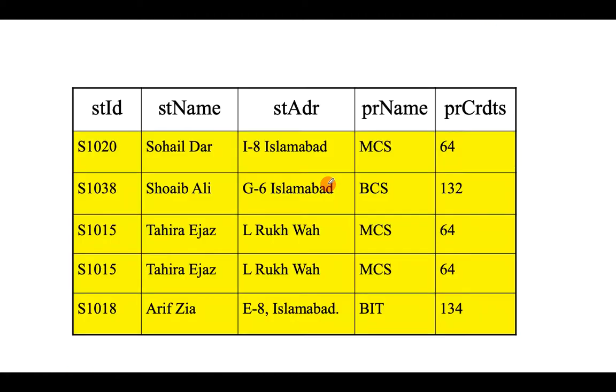So in this table, let's say we have student ID and program name. These two are composite and these two are determining the program credits. So in this table we have a composite student ID and program name.